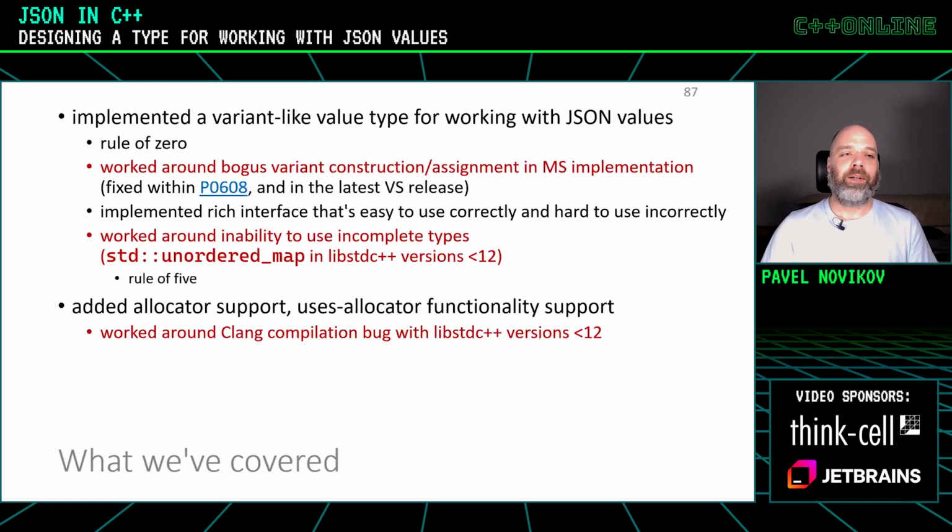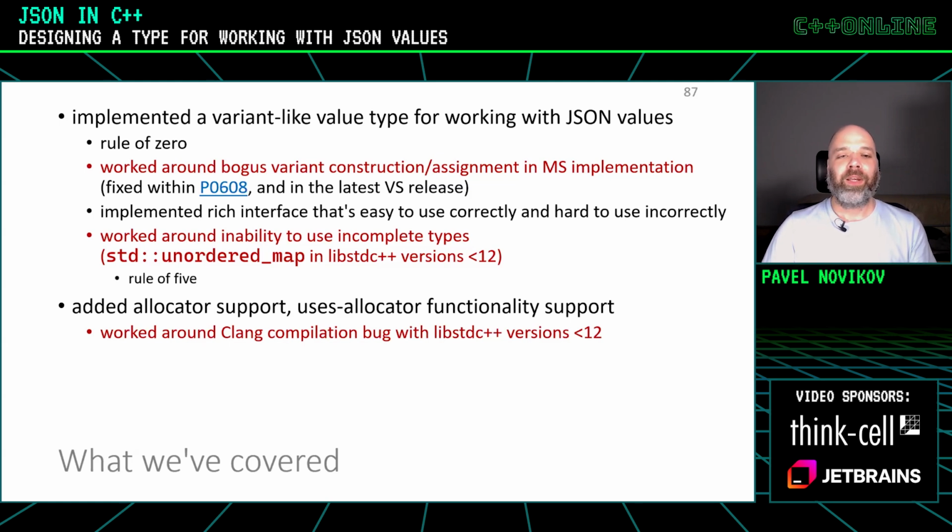So at this point, here's what we've done. We implemented a variant-like value for working with JSON values. We used rule of zero. We worked around some bogus variant construction, which was initially specified for variant construction and choosing alternatives. We implemented hopefully a rich interface that's easy to use correctly and hard to use incorrectly.